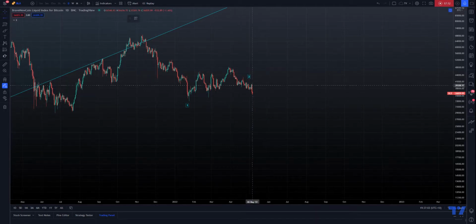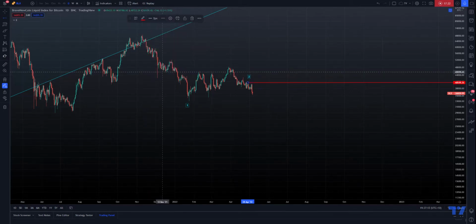I do believe it was around the 28th of April that this area became important. Very interesting little area for a correction to end as well, and that's based on a small wave E having occurred.